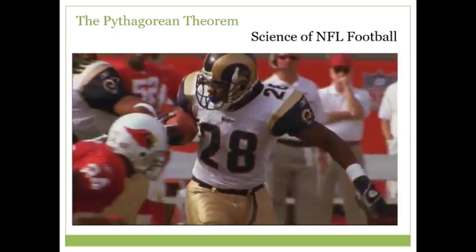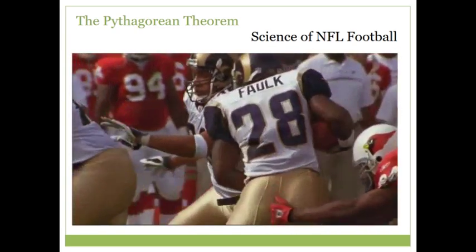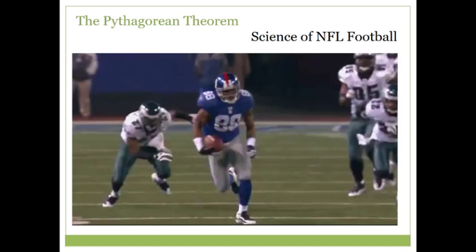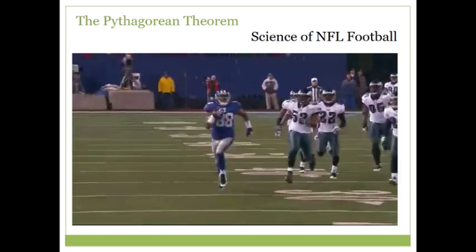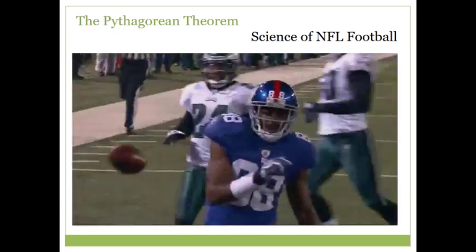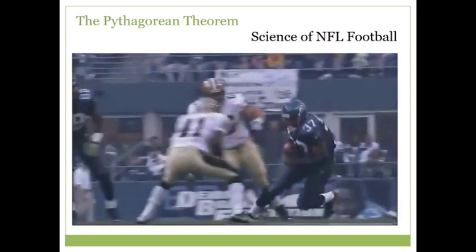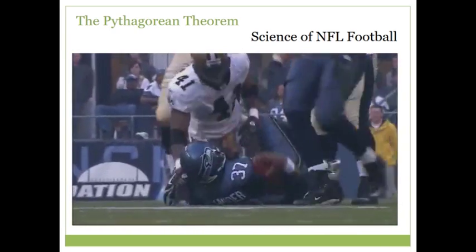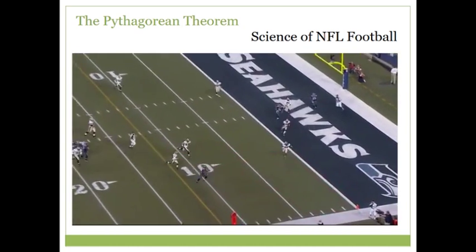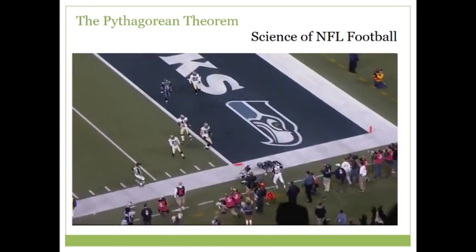If you're chasing a fast guy, like a Marshall Faulk or some of those guys that can really burn, if you take the wrong angle, you're done. The defender's angle of pursuit can be the difference between a touchdown and a game-saving tackle. It's also a perfect illustration of the properties of a right triangle and the ABCs of the Pythagorean theorem.